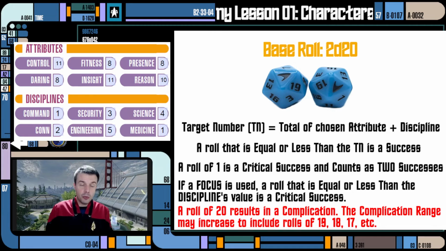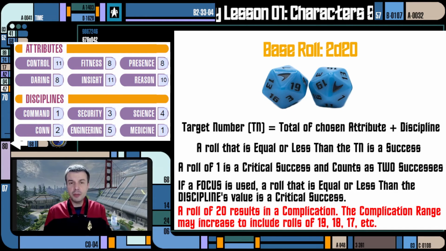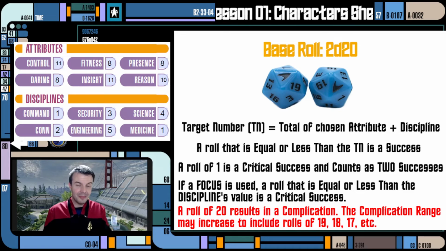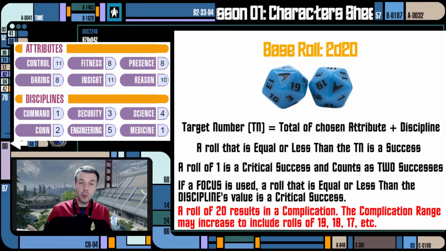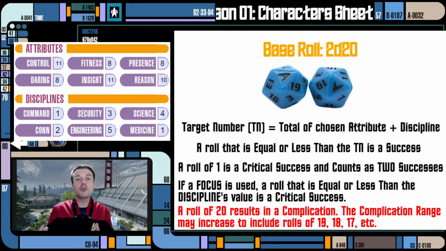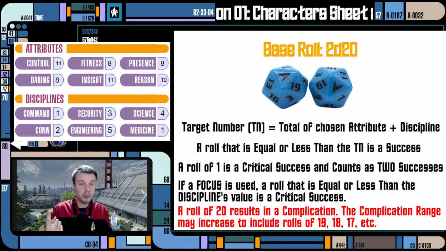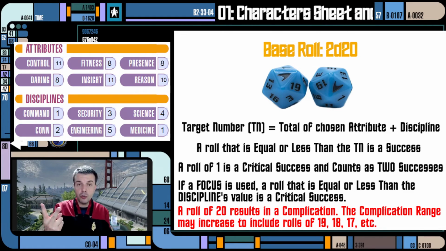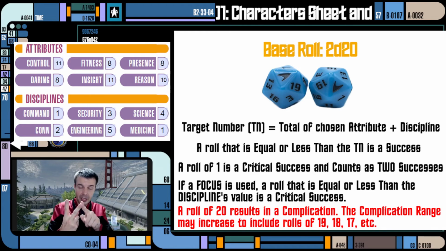Now, here's the trickier thing. It's very possible in some extreme situations that a complication can also be a success, because the complication range can increase. Most rolls have a complication range of 1, which means there's no change at all. It's only the first point, which is 20. A complication range of 2 means 20 and 19.